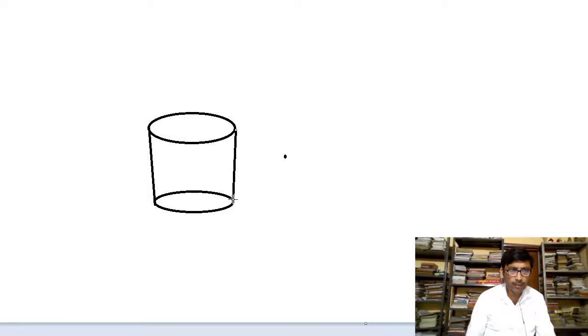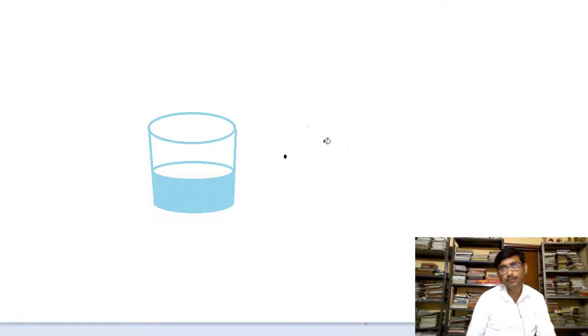Okay, so we shall just put some water into this beaker like this, and then we shall put into it some pieces of calcium oxide.